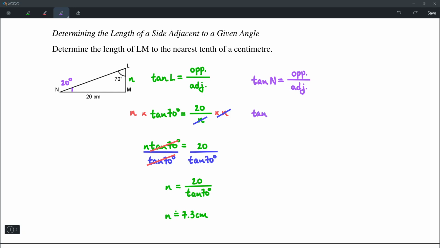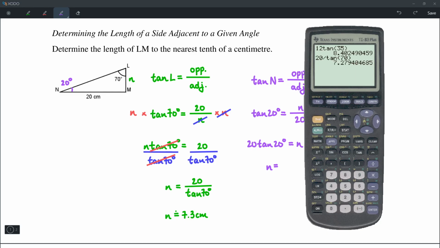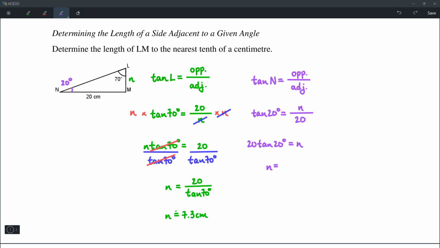And tangent 20 degrees is equal to opposite, which is n, divided by 20. And so we just have 20 times tangent 20 degrees equals n, which we can then evaluate. And we'll get the same answer as before.